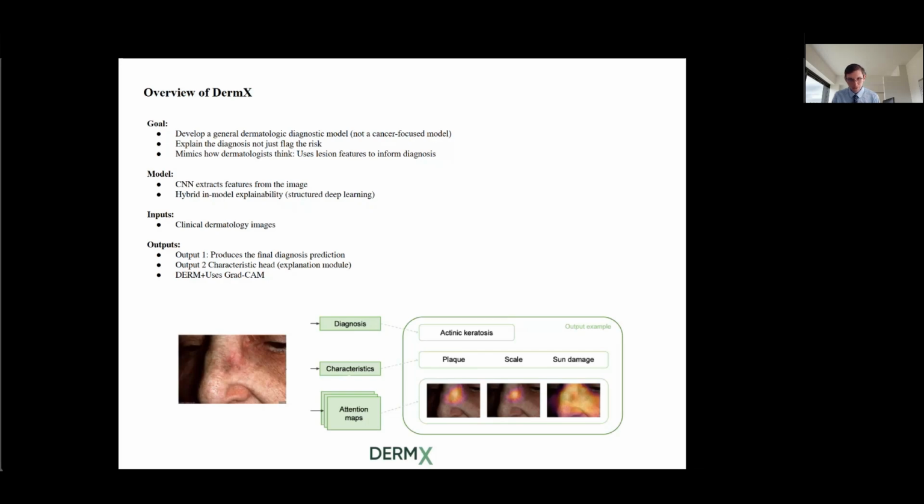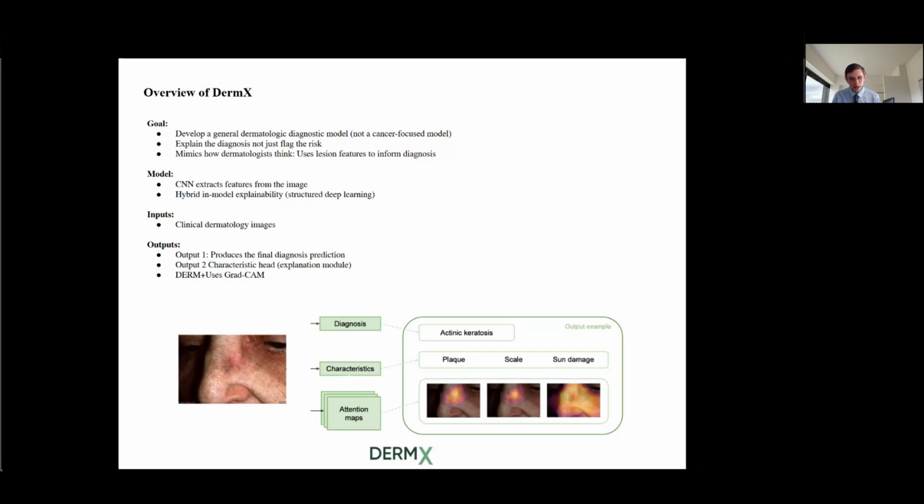The second output is the characteristic head, which is basically the explanation element of this model. It predicts an explanation, and it incorporates that into the final diagnosis. And the third output is what DermX uses, which is a Grad-CAM, or a heat map, to identify the specific areas that the model is paying attention to in order to come up with these characteristics.